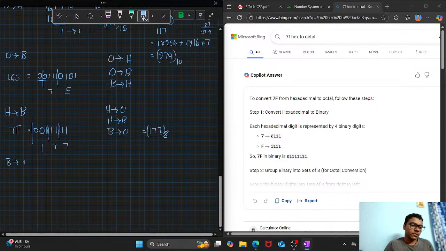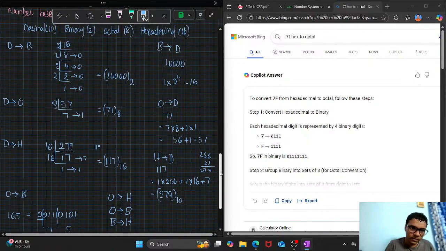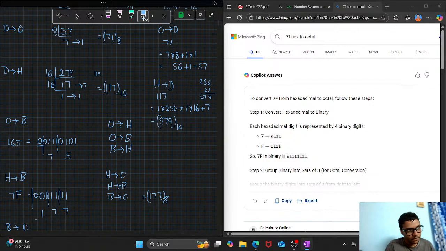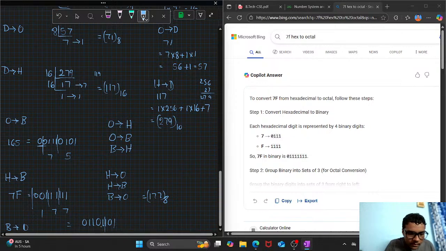And binary to decimal, I think. Did we do that? Yeah, we did that. Okay, binary to octal, there is an easy way. Just combine 3 bits and write the number. That's how you do it. Let's say 0, 1, 1, 0, 1, 1, 0, 1. Slice up 3 bits and again 3 bits.